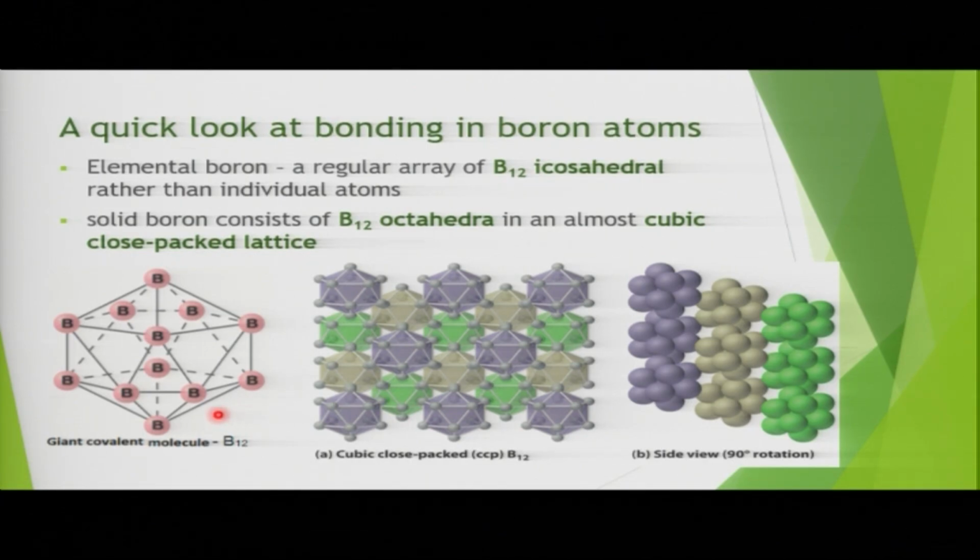So in that way, breaking the bonds to separate the atoms aside and separate the molecules aside becomes so hard because of its packing. This is the cubic closed packing as it exists. If you look at it from a rotated angle, this is the structure of boron in its solid form.